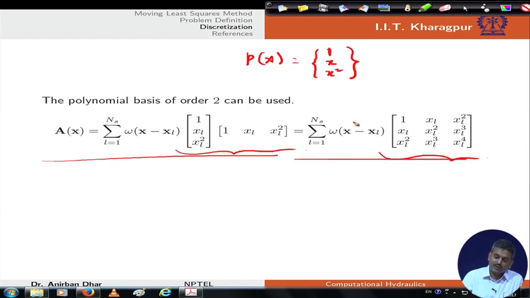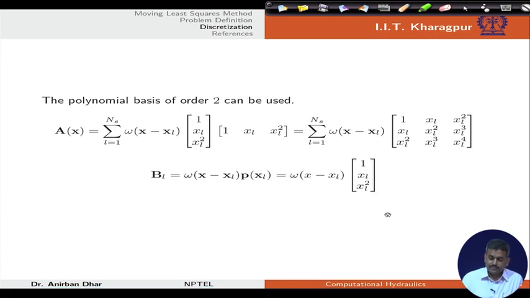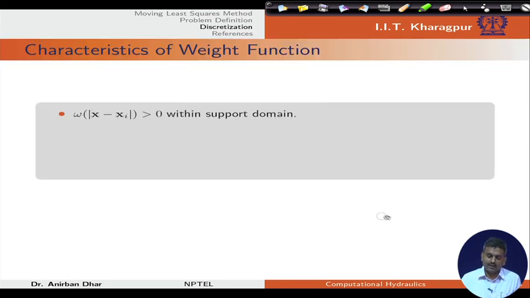Problem is with the structure of this omega x minus xl. Now, we need to define the structure of this one, because this is a given function for our problem, only A was a variable. So, BL, again structure of BL for any arbitrary L, that is 1, x minus xl, x minus xl square.